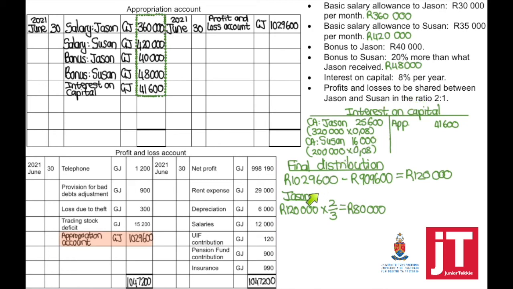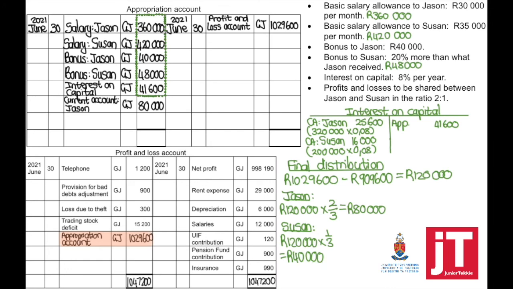So to calculate Jason, we're going to say 120,000 times 2 divided by 3. For Susan, 120,000 times 1 divided by 3. If you've calculated Jason 80,000, you can say 120,000 minus 80,000. It will provide you with exactly the same answer.